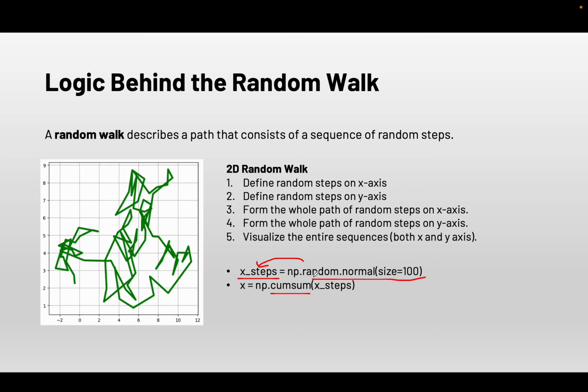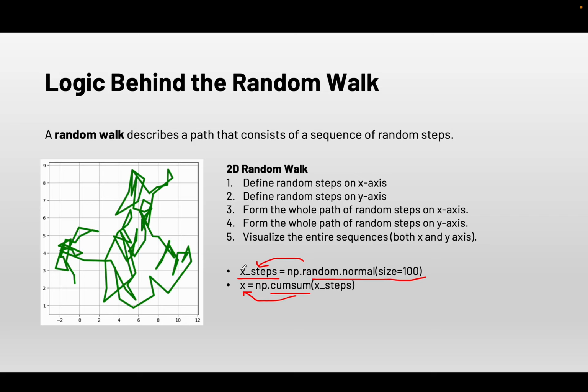You need to wrap up everything to form a whole trajectory. So that is how the numpy cumsum function does this work. Okay, and then we're going to put everything into x. So this is how we form the whole trajectory of the random walk on the x-axis. And we're going to do the same for the y-axis, and then we're going to visualize the entire sequence.